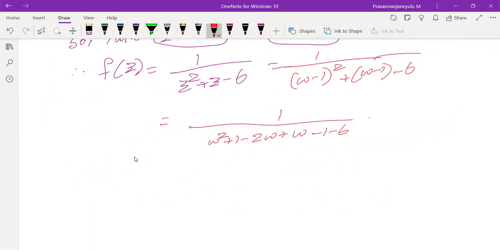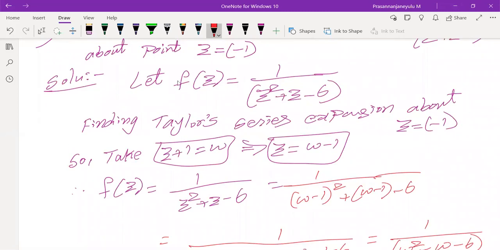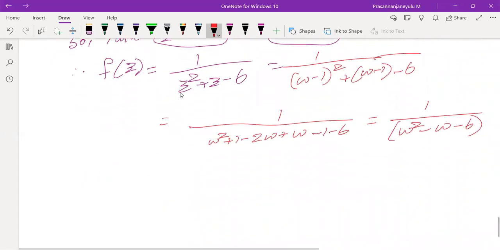Everything is 1 by w square minus w minus 6. Unfortunately, we are getting a similar form, but it was z square plus z minus 6, and here it is w square minus w minus 6.